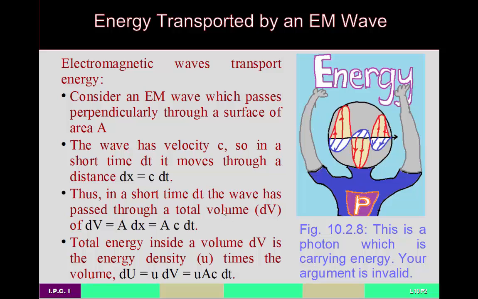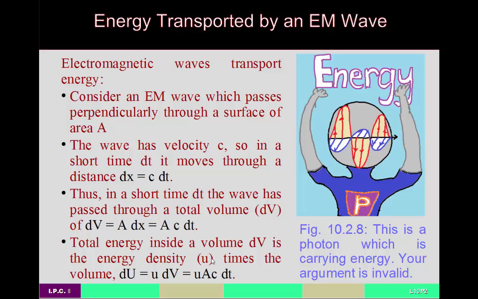Now, in this short amount of time dt, the wave will have passed through a total volume of dV. And dV is obtained simply by noting that the wave is filling an area A and it's traveled the distance dx. So dV is A dx. And because dx is c dt, that means that dV is A c dt. All right. Well, that gets you the infinitesimal volume. How much energy is there within that infinitesimal volume?